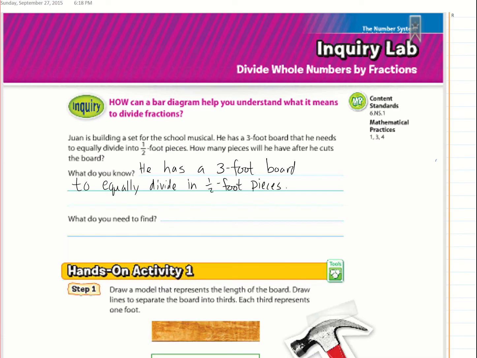What do we need to find? The question is asking how many pieces will he have after he cuts the board?